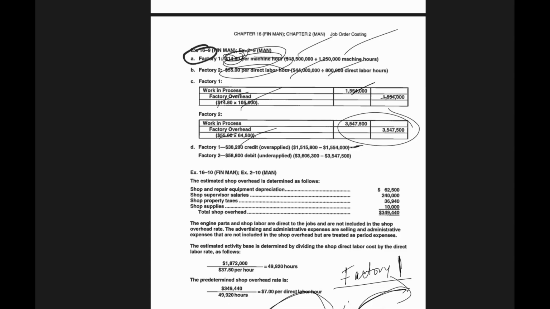Of course we want all these amounts to be small, but if I had to choose, I'd rather see that we've over applied, because if we've under applied, we have not allocated all our costs, and therefore we're still stuck with some of them, and those are expenses that we essentially have to eat. If we over apply, our product cost ends up being more and we have to charge more for it, but at least we're recovering our costs.